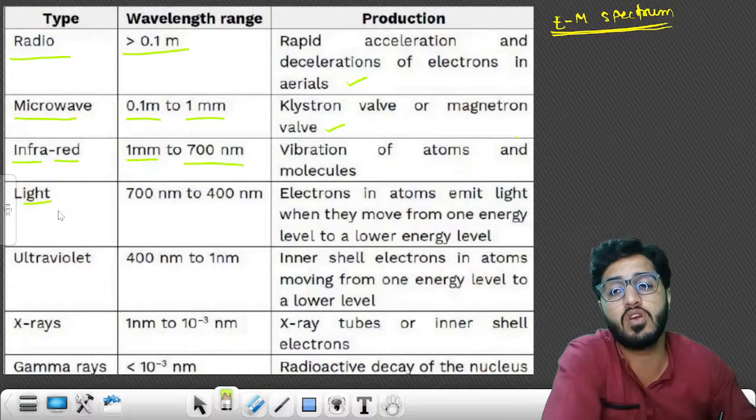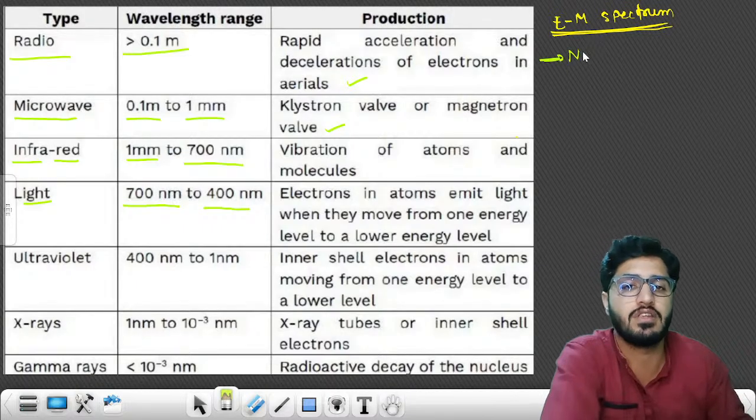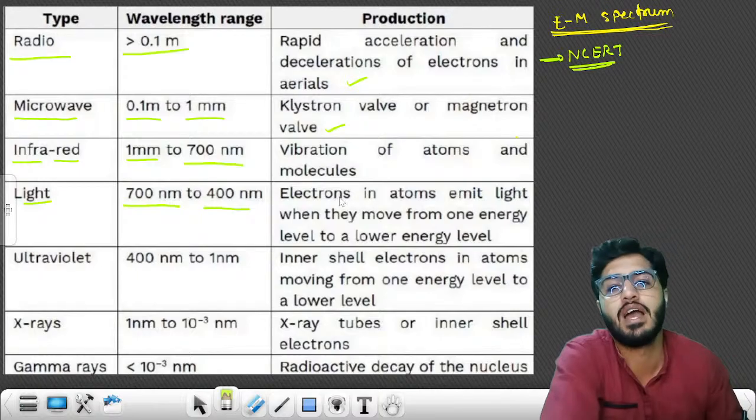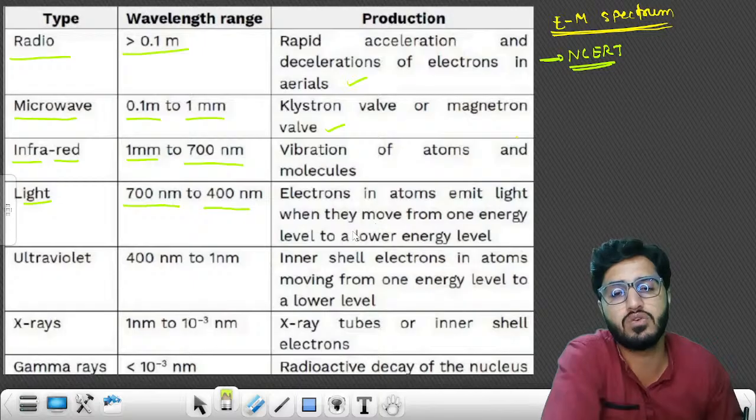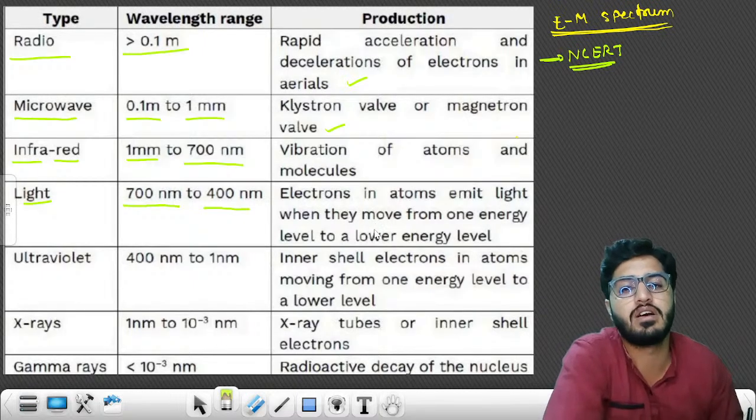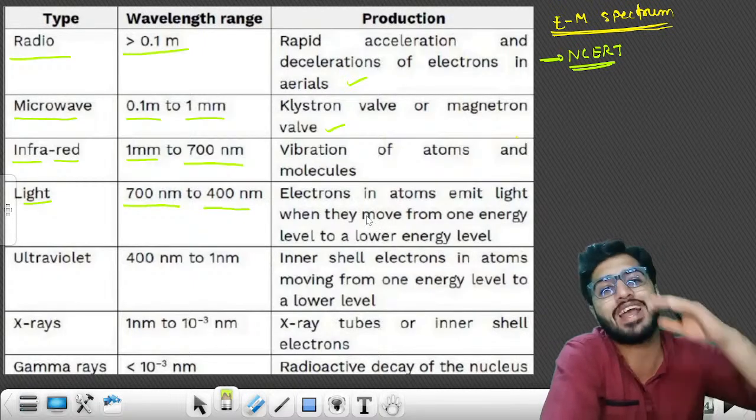Light means the visible region, 700 nanometer to 400 nanometer. You will find this in your NCERT. Electrons in atoms emit light when they move from the ground to the excited state.